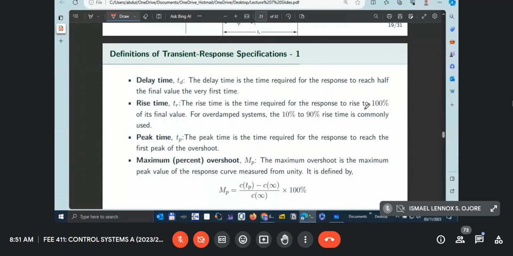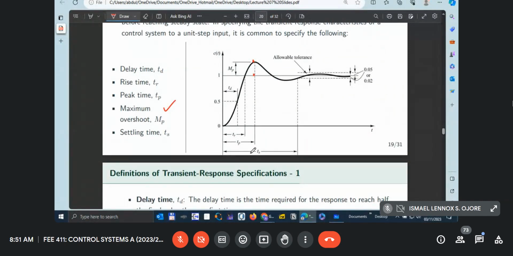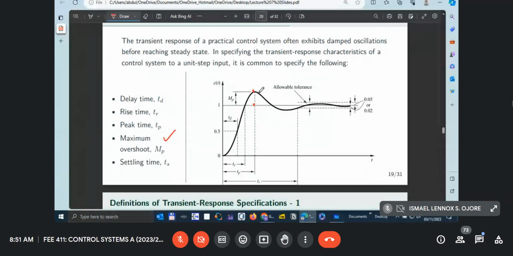Peak time is the time required for the response to reach the first peak. So this is the peak time from here to here. This is the first peak, and this is the second peak. This is the first undershoot, and that is the second undershoot, right?